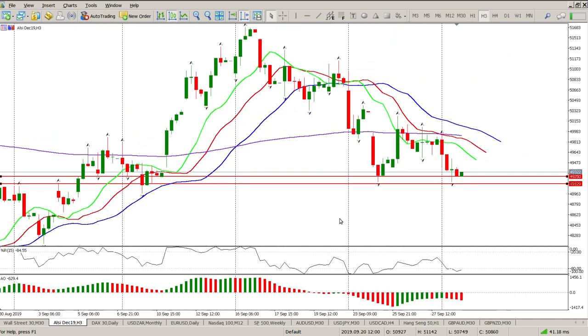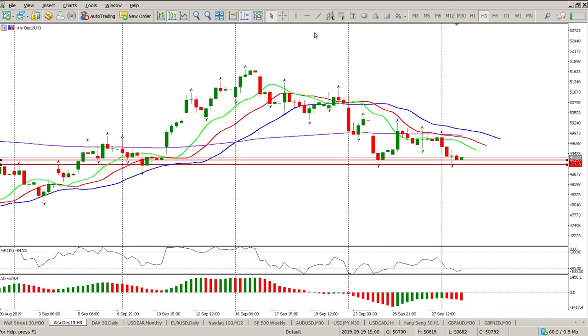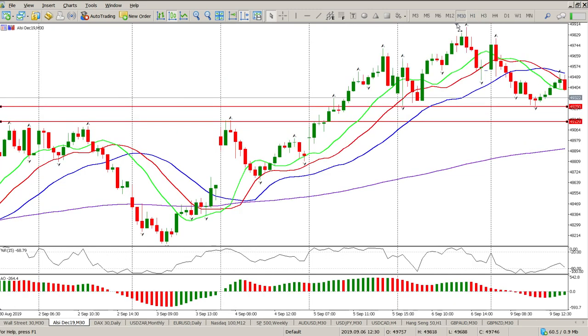Okay, so the other thing to just keep in mind is that we're flirting with that original trend line, but I think what you need to do now is look at that as a trend line. Okay, so putting all of this together, trend is currently down.